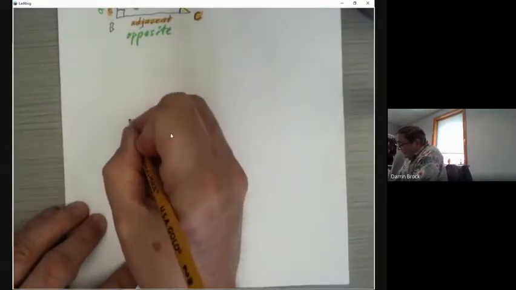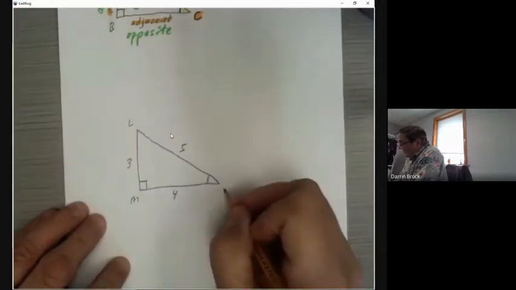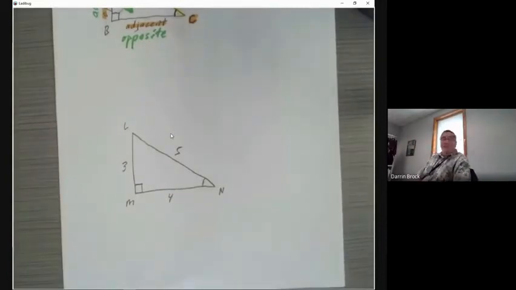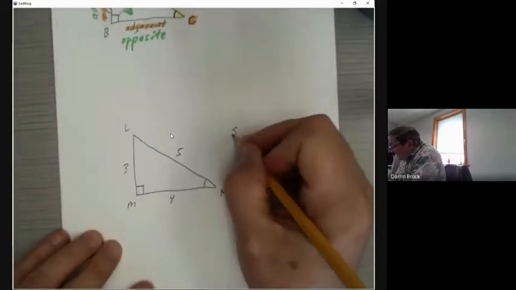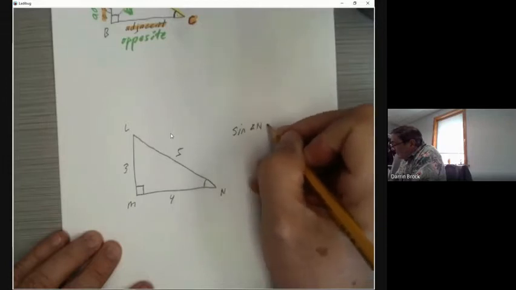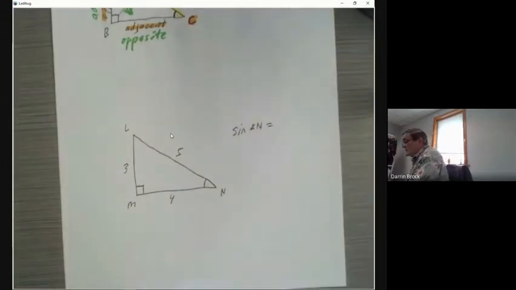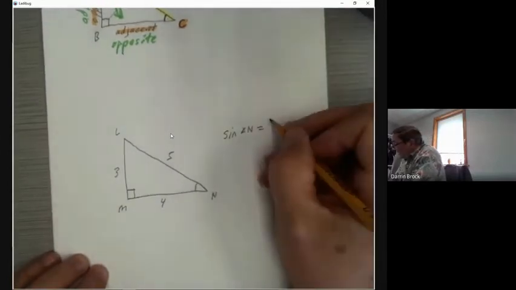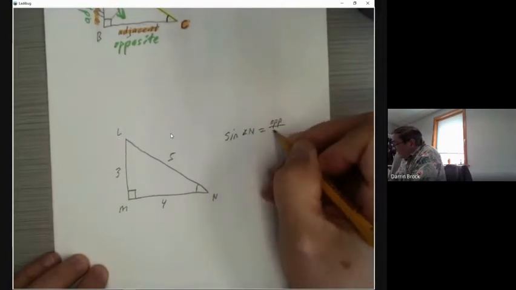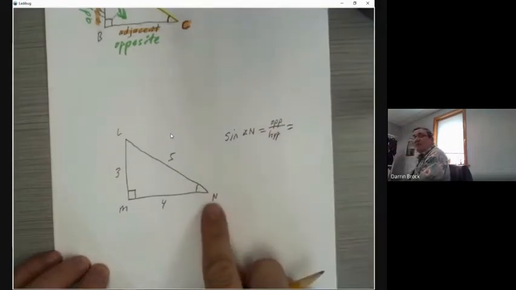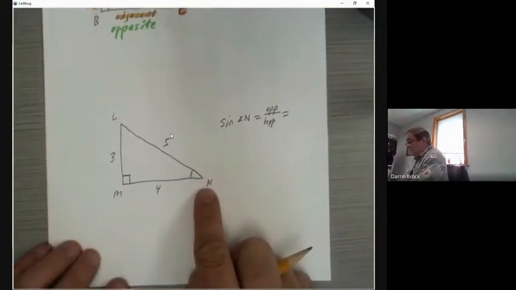I'm going to name this L, M, and N. So angle N. If we wanted to find the sine of angle N, what does that equal? We said in our definition that the sine was the opposite, over the hypotenuse. It's the ratio. So what is the opposite? What is the length of the side opposite of angle N?